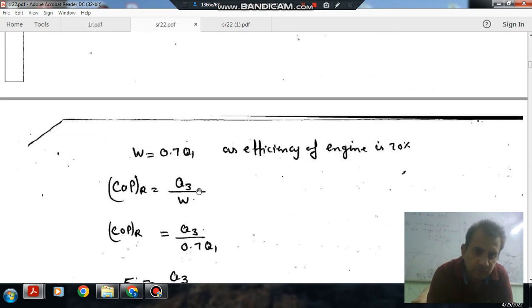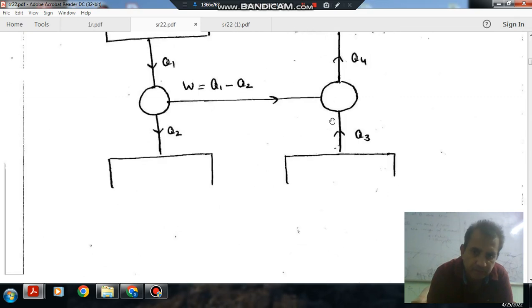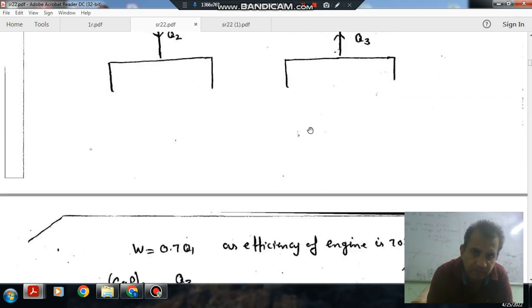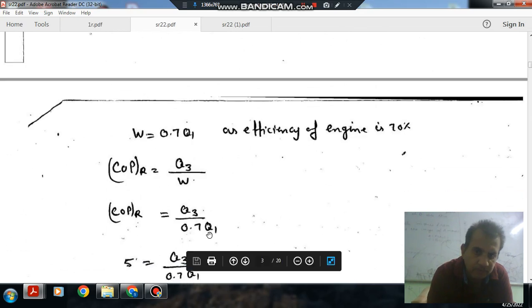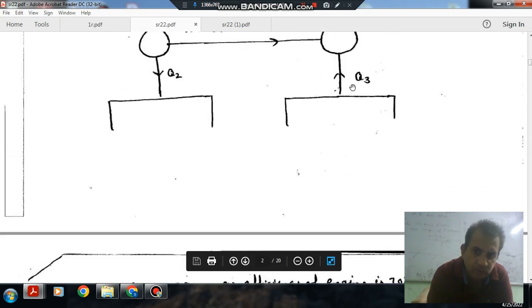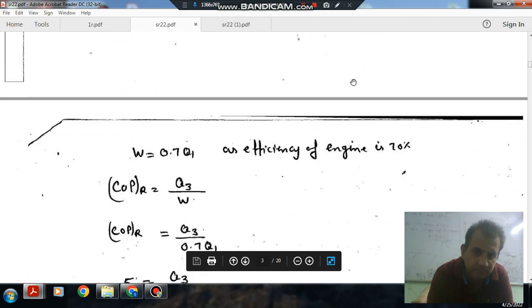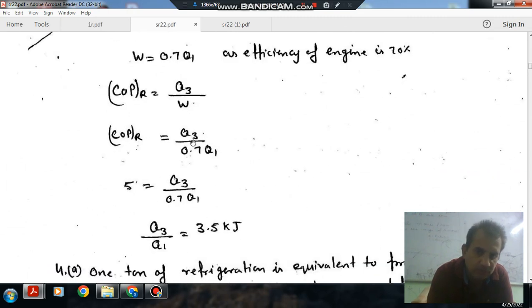The COP of the refrigerator is the cooling or refrigerating effect divided by work done, and work done is 0.7 Q1, and the refrigerating effect is Q3. So the COP of the refrigerator will be Q3 by 0.7 Q1, and it is given as 5.